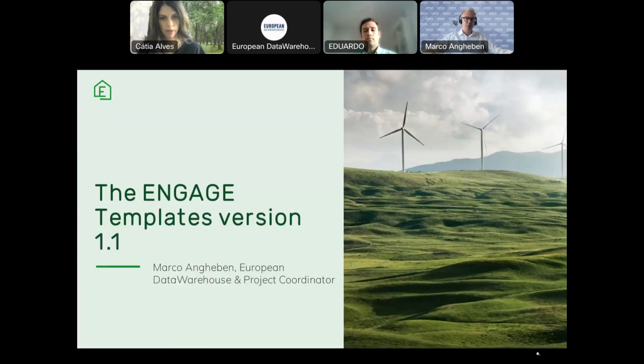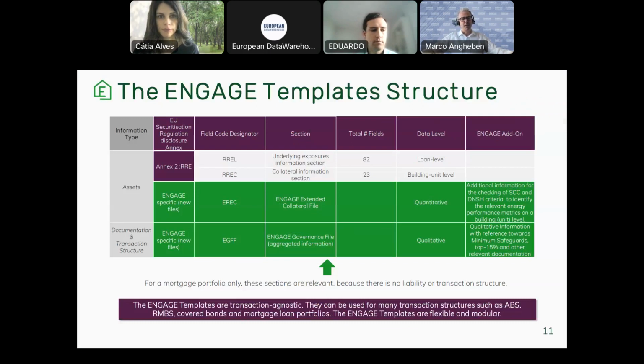Now, what's new in terms of the latest version, which is not a completely revamped version, but is an improvement compared to the 1.0. As you can see here, this is the structure of the templates, where we have one asset side, which is based on the ESMA templates, the Annex 2 for the mortgages on one side, and this is at the loan level, plus some other fields related to the collateral, like the building unit level.